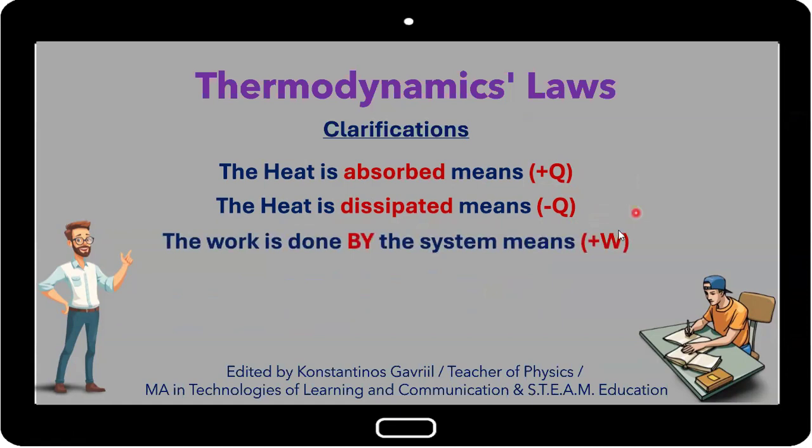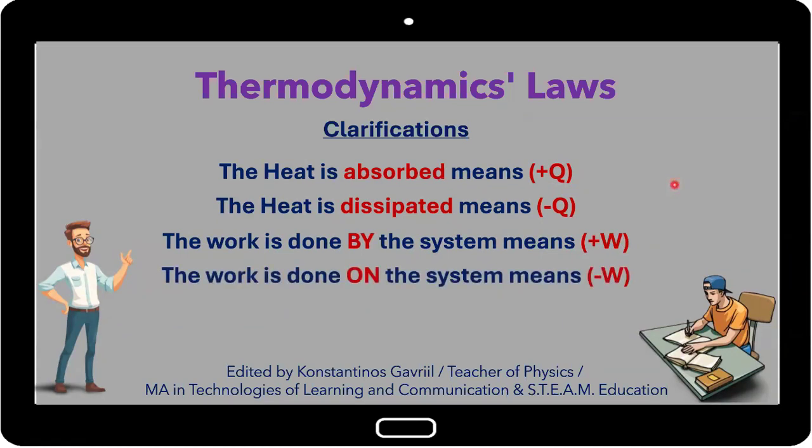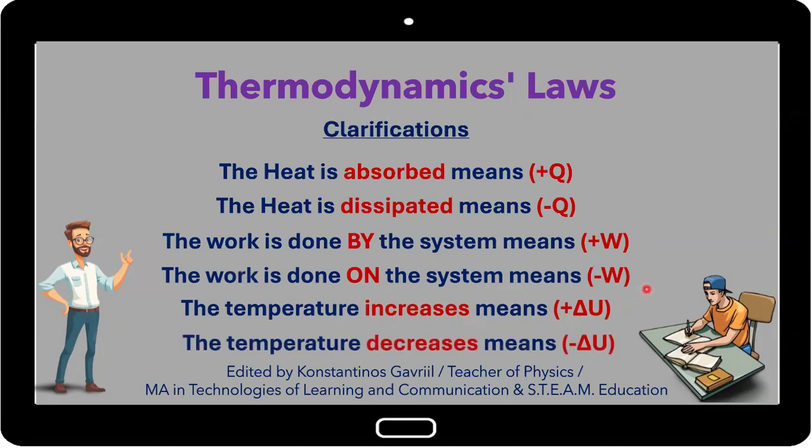The work is done by the system means that we have a positive work, and the work is done on the system means we have a negative work. Now, when the temperature is increasing, the change of the internal energy is positive. When the temperature decreases, it means that the internal energy change is negative.